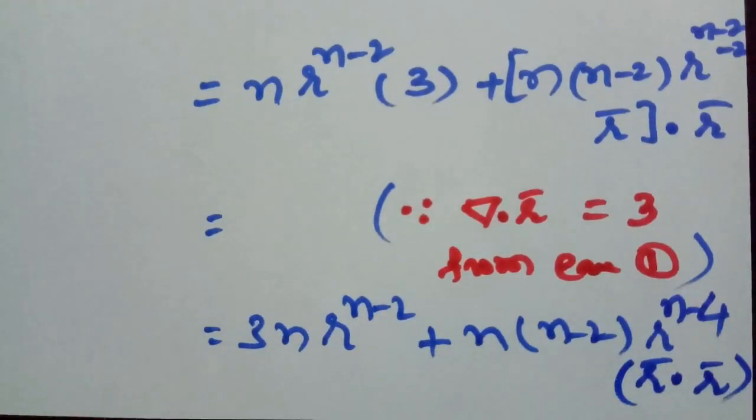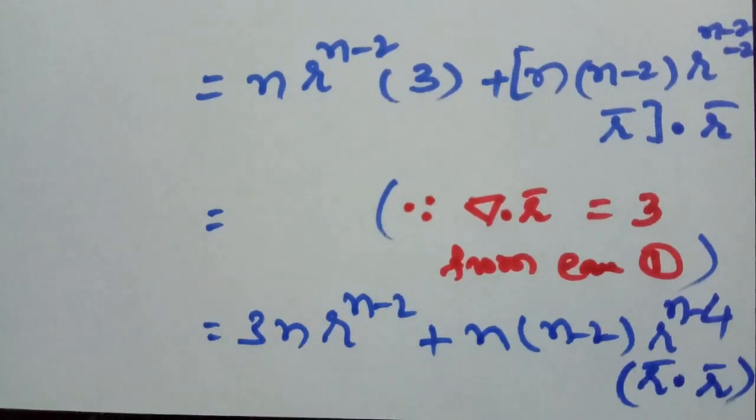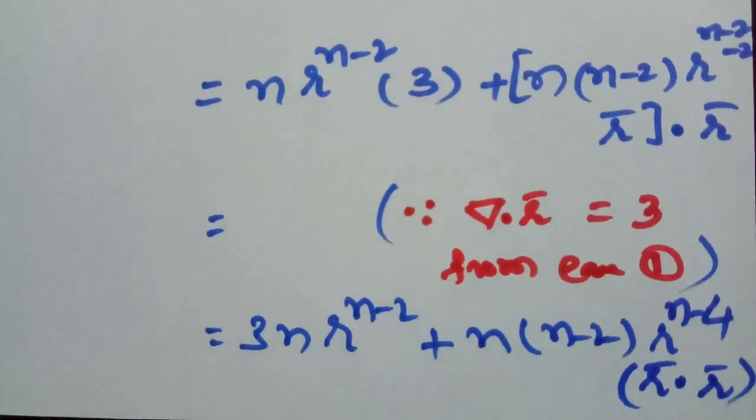Therefore r bar dot r bar is equal to r square.